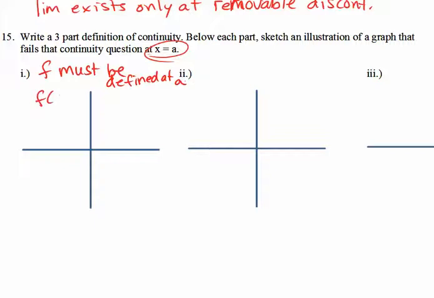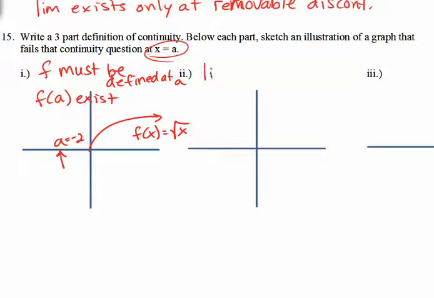Or you could say f of a exists. So for example, we could have f of x equals the square root of x, and perhaps a is equal to -2. So it's not even in the domain. So it certainly isn't continuous there.